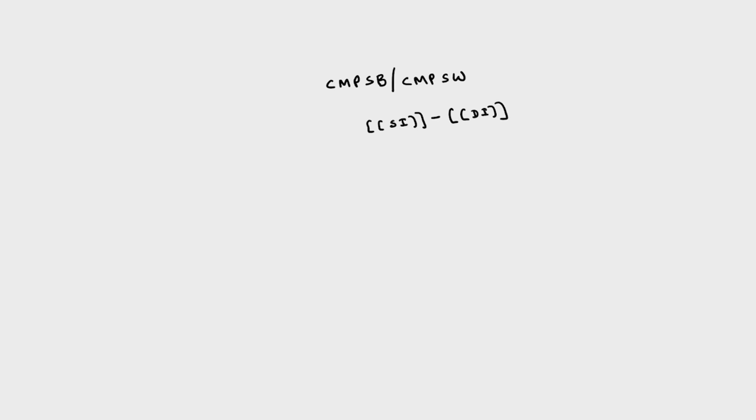See also the same thing, if direction flag is cleared, the contents of SA and DA will be automatically incremented by 1 in case of string byte. In case of string word, the contents of SA and DA will be automatically incremented by 2. So, this will compare this data.